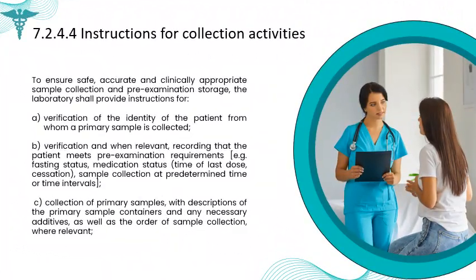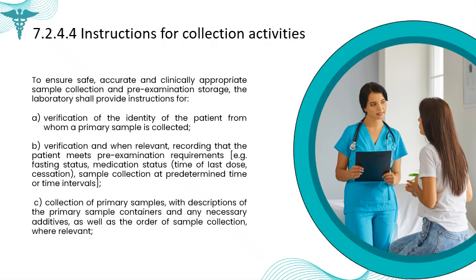Instructions for collection activities. To ensure safe, accurate, and clinically appropriate sample collection and pre-examination storage, the laboratory shall provide clear instructions covering the following: verification of the identity of the patient from whom the primary sample is collected.